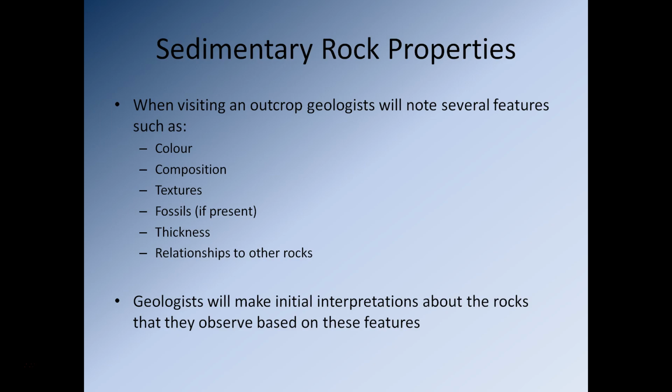And then we look at the relationship to other rocks: the position of the rocks in the sequence, or the shape that particular body of rock has, can tell us a lot about the environment in which that sediment was deposited. Each of these six factors combined allows us to build up a bank of evidence from which we can say it was probably deposited in this depositional environment.